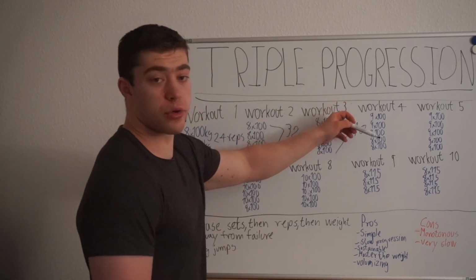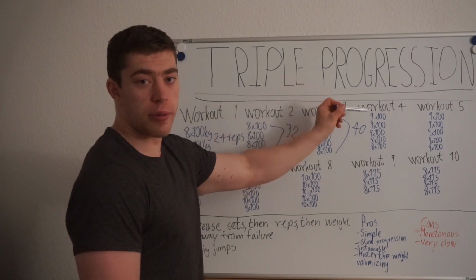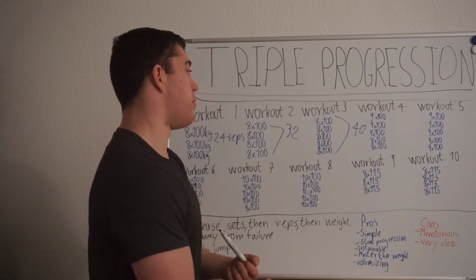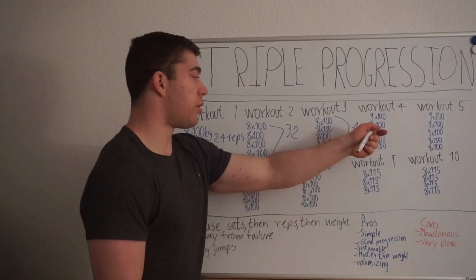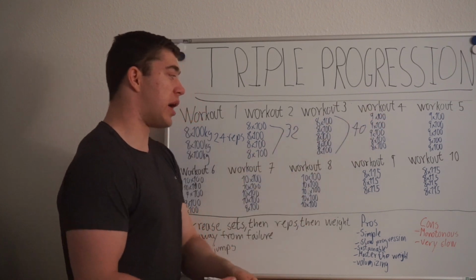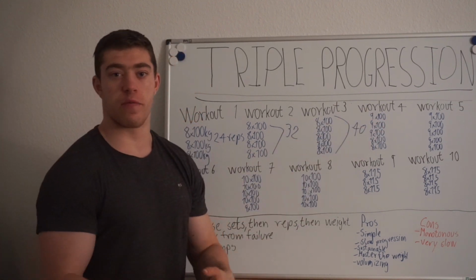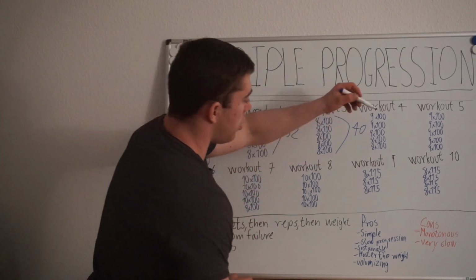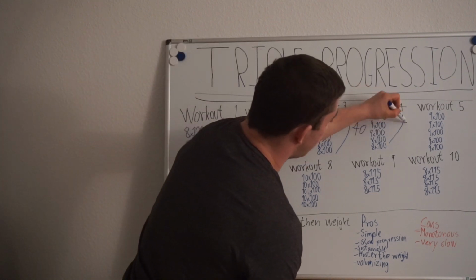Then we are starting to increase the amount of reps that we're doing, because now we have built up in sets. So we're about to increase the amount of work that we're doing by going up in reps now that we have built a good base with the weight. So this here is going to be 43 reps.